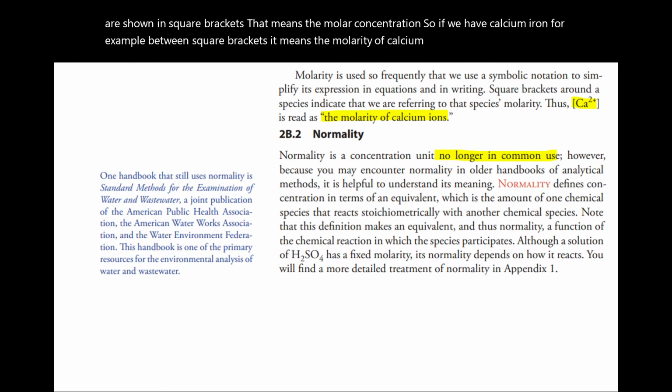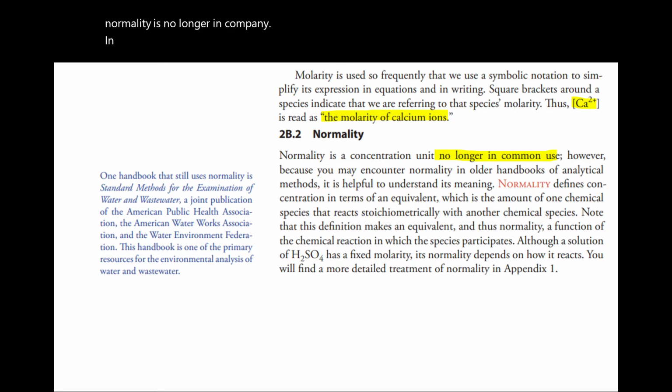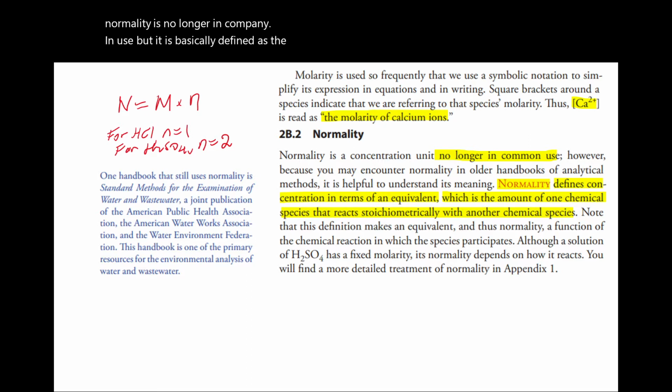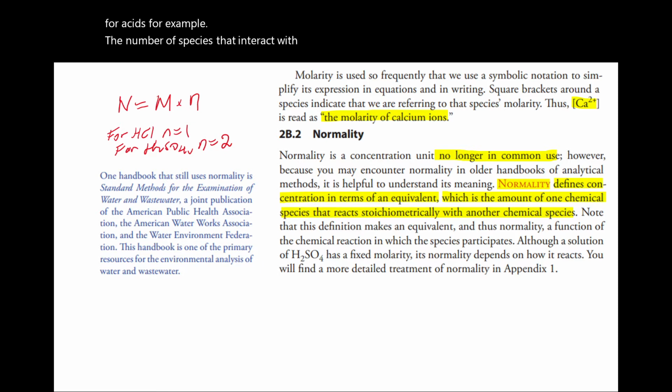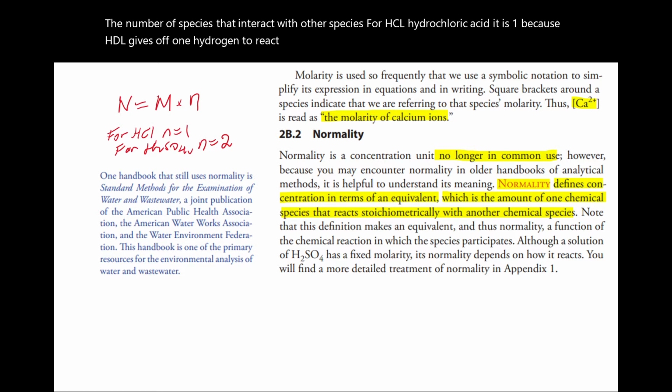The normality is no longer in use, but it is basically defined as the molarity times n. This n is the number of species that interact with other species. For HCl, hydrochloric acid, it is 1 because HCl gives off 1 hydrogen to react with bases, for example.